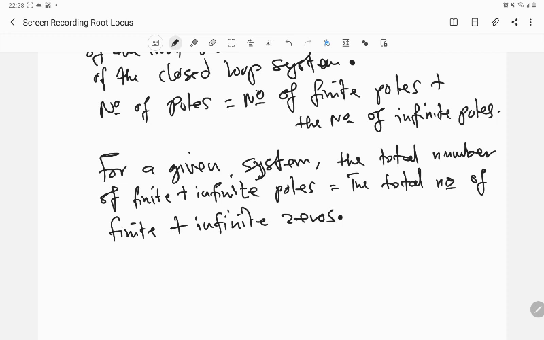So when we take this system, what we are saying is that the total number of finite plus infinite poles equals the total number of finite plus infinite zeros.